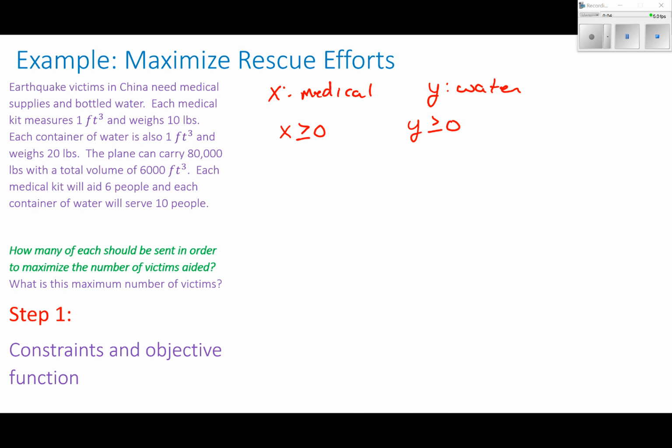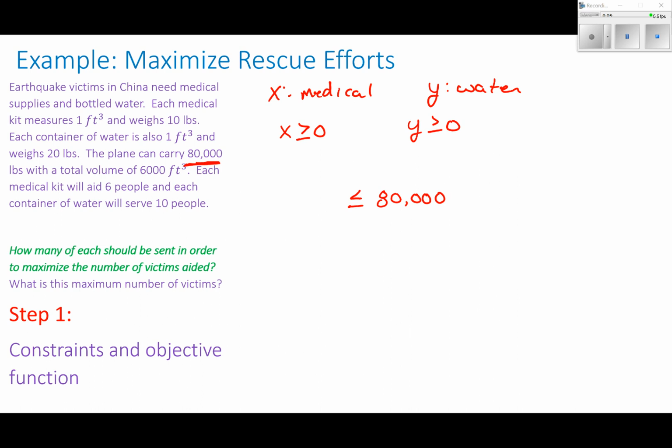I can't deal with negative values of medical kits or negative values of water. All right, now let's talk about how much weight we can work with. So it says the plane can carry 80,000 pounds. Okay, so I know 80,000 pounds is going to be the maximum amount my plane can carry. So I'm going to create some function that's going to come out to be less than or equal to 80,000 pounds.